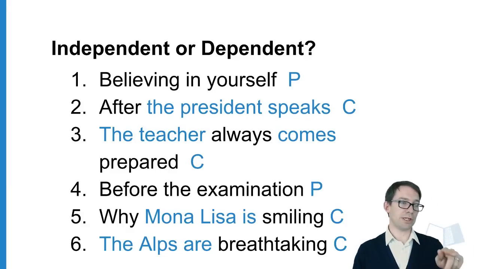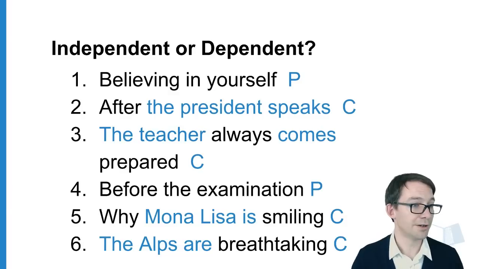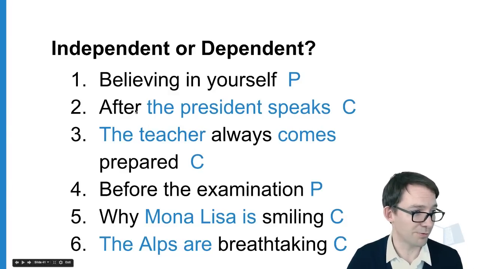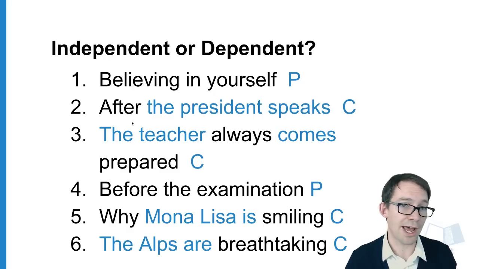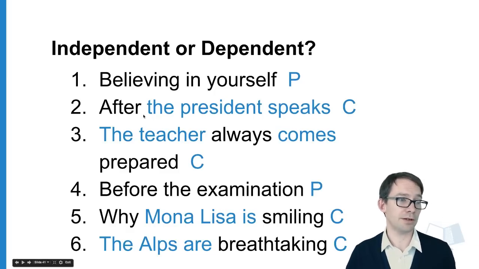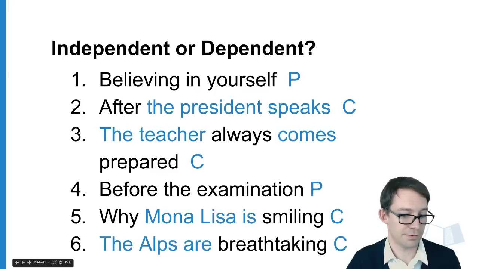Are they a complete thought or not a complete thought? Again, I'm going to disappear for about 30 seconds because you guys were so fast before. And again, in the chat, make sure to put your answers. Complete or incomplete? Independent or dependent? Okay, I'm out of here.